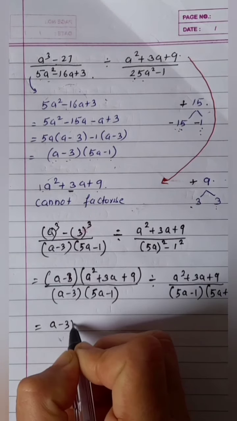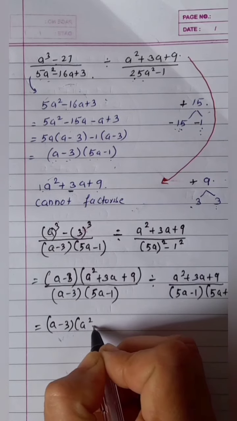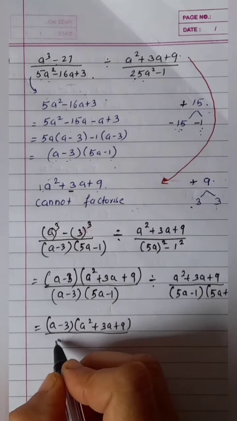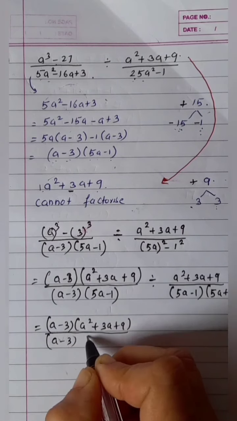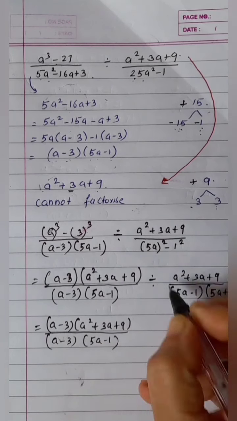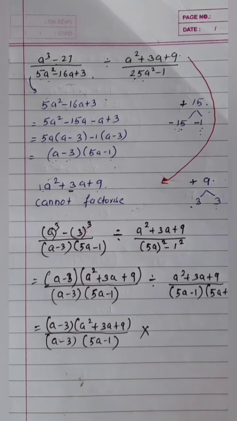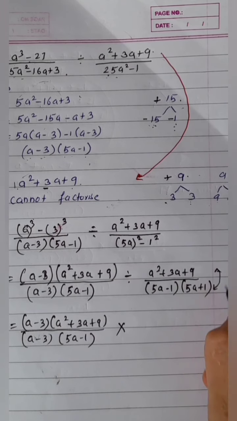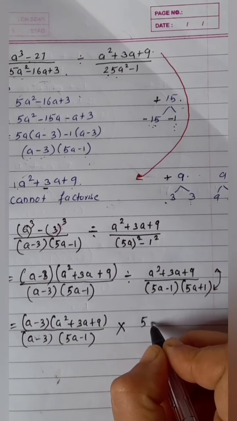Now this division I am going to convert into multiplication. When division becomes multiplication, we write the reciprocal of the second term, the next term. So here I am converting this into multiplication and we write reciprocal. This will go in the numerator and this numerator will come in the denominator.